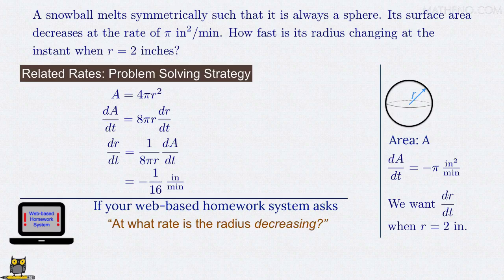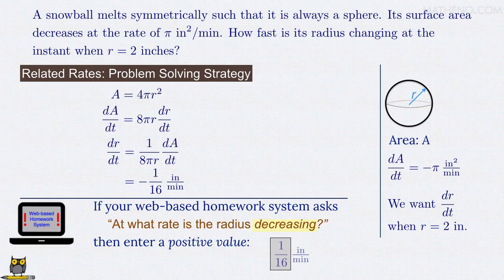On the other hand, when the web-based question asks, at what rate is the radius decreasing, they've already taken that negative sign into account, and so you must enter a positive value, positive 1/16, to be marked correct by the system. By contrast, if you enter a negative value, it will be marked incorrect, leaving many students frustrated since the system doesn't give any useful feedback about what you're doing wrong.